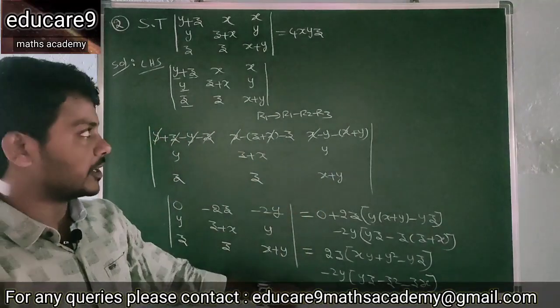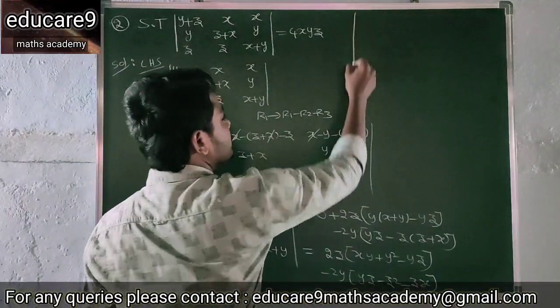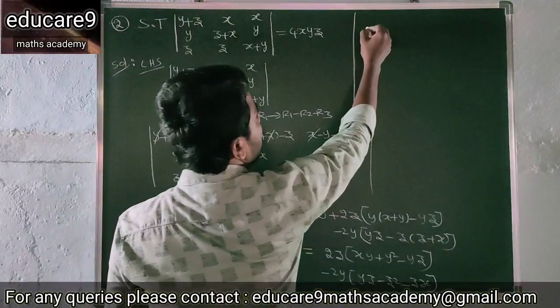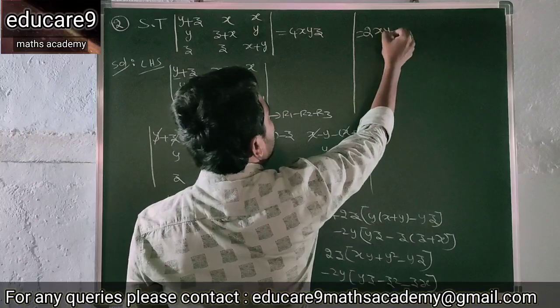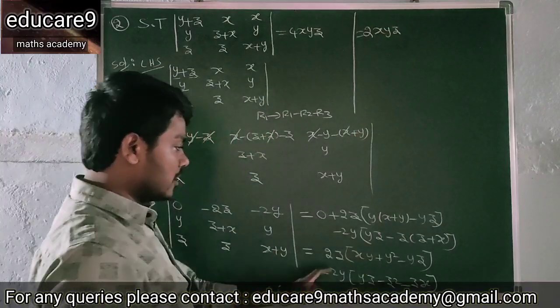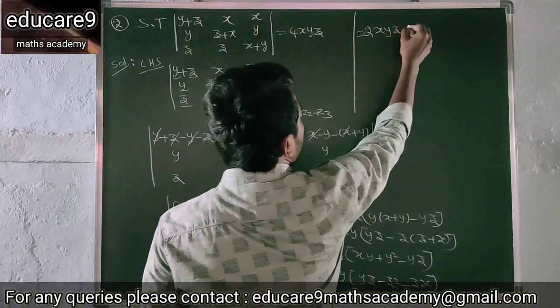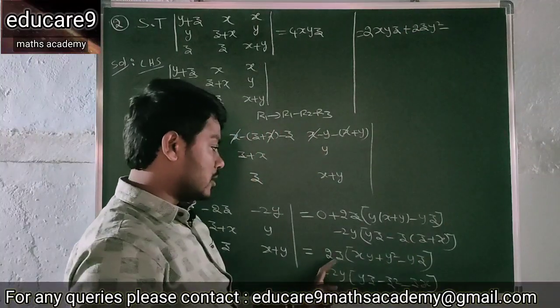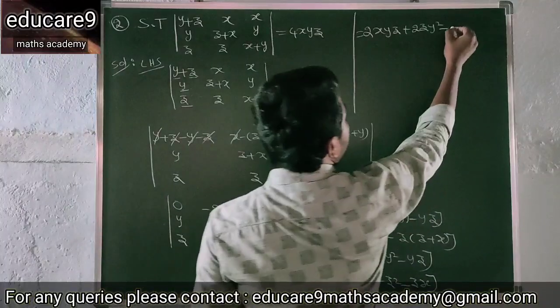So simplify this, what you get? 2xyz, next 2zy square minus 2yz square.